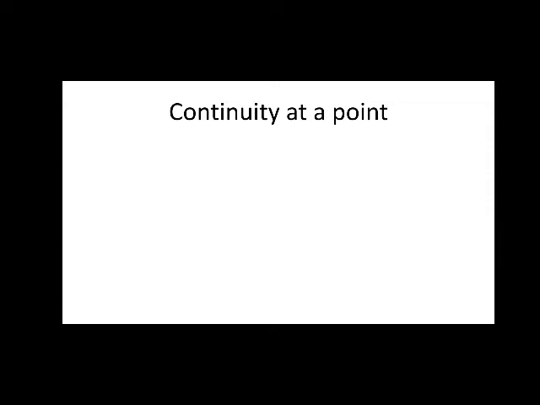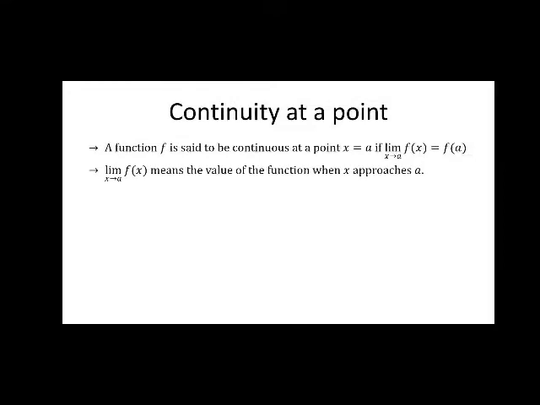So whenever we are talking about continuity at a point, it means a function is said to be continuous at a point, say let the point be x equals a, if the limit at x equals a is the same as the functional value. So the limit as x tends to a of f(x), that is my limiting value at x equals a, and f(a), that is the functional value at x equals a. So this is basically what it is.